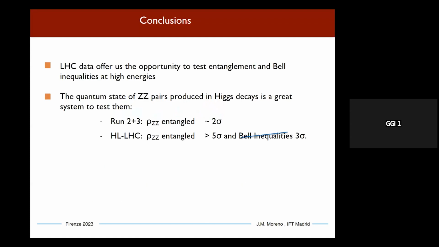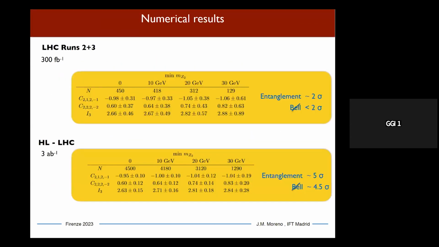In fact, this is more or less what we are doing here when you impose a cut: you are slicing, choosing a particular kinematics, and then you are producing the Z boson close to rest.